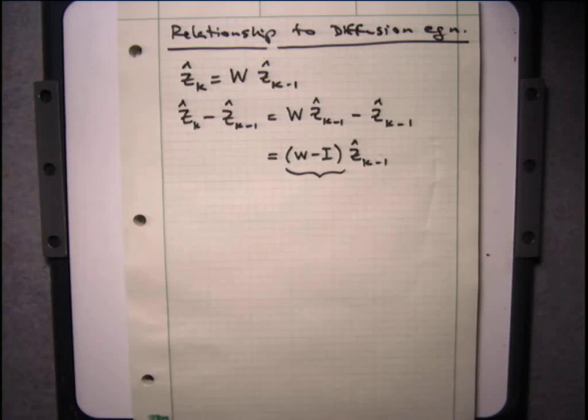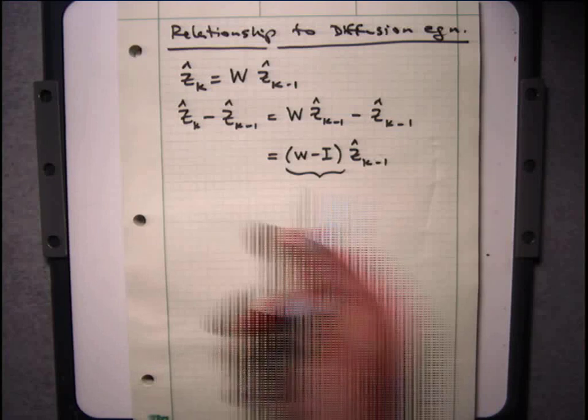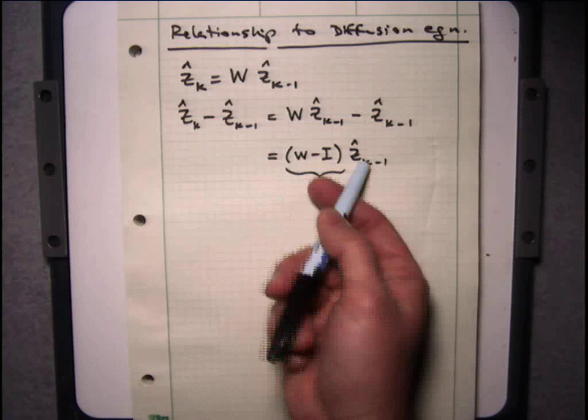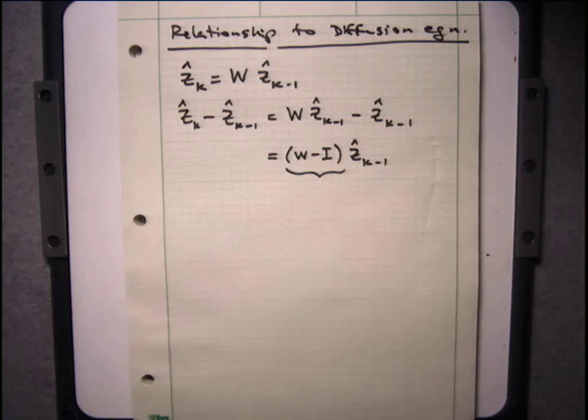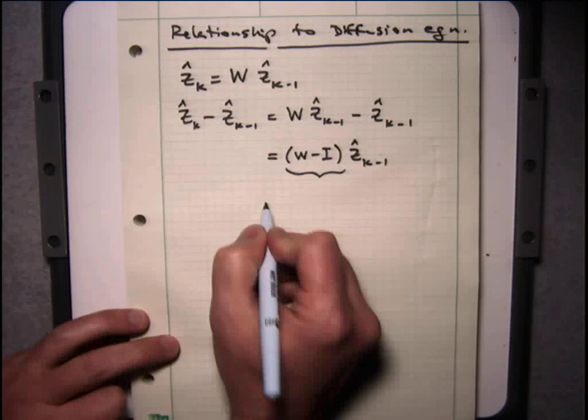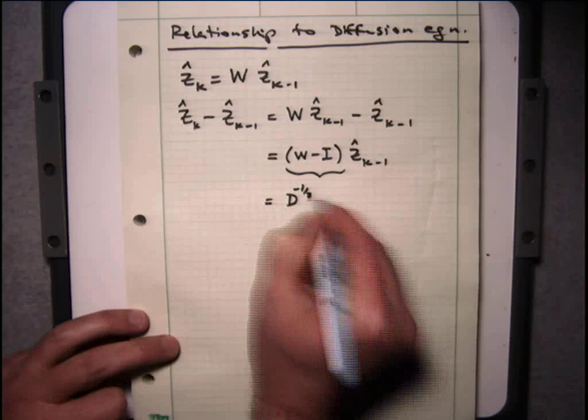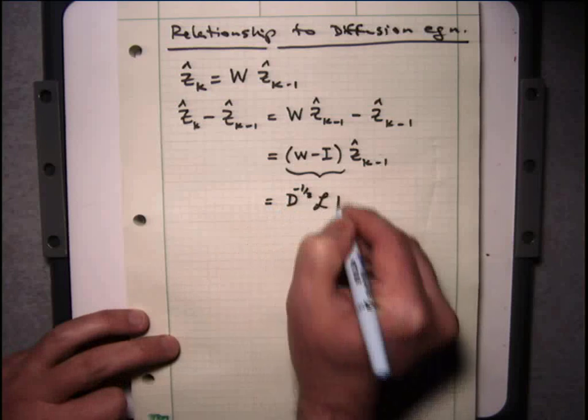Okay. So this right-hand side is basically talking about applying a high-pass filter to the last estimate, z hat k minus 1. As a matter of fact, it turns out that this can be written as d to the minus 1/2 L d to the minus 1/2 z hat k minus 1, where in fact this L is the Laplacian operator.